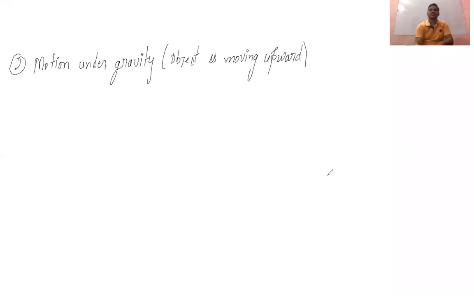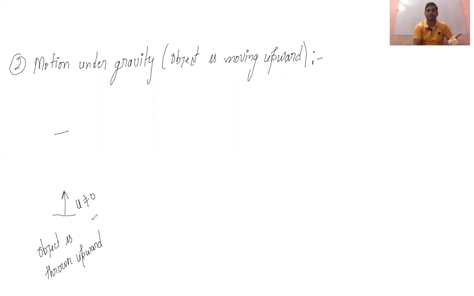Suppose any object is thrown upward. Let's see what will be positive and what will be negative. Final velocity v will be 0 at the top. Since it is thrown upward, u will be non-zero, there will be a value of u.